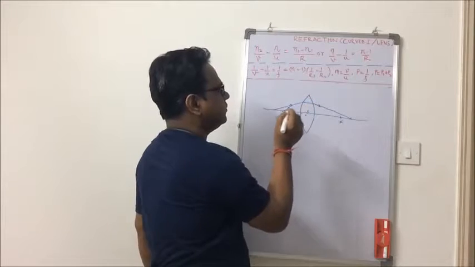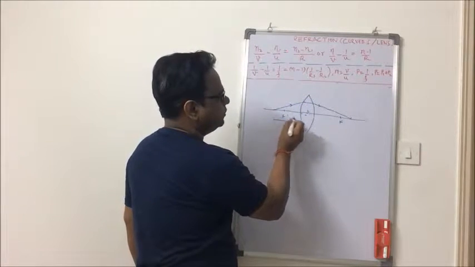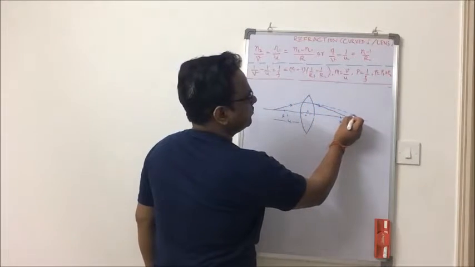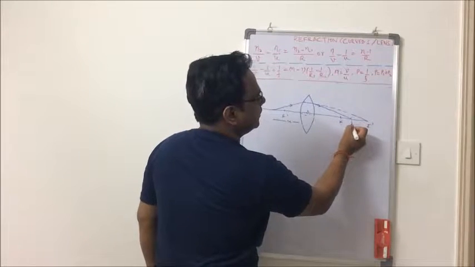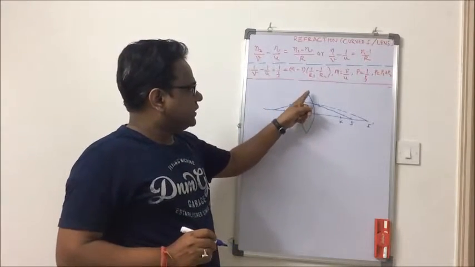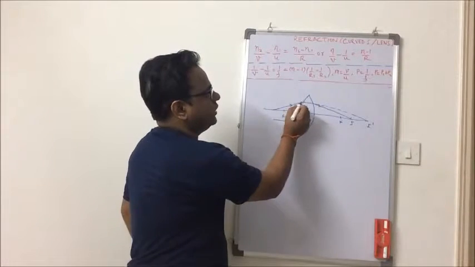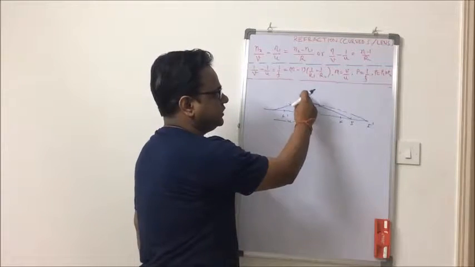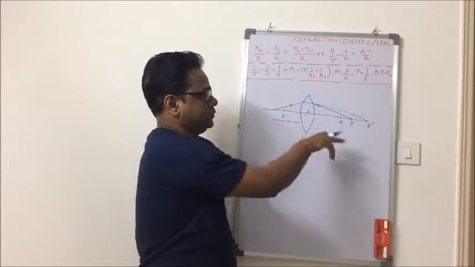This is your C, this is your U. So if you extend this first line, maybe this is your I dash. So just to explain, there will be a refraction at the first curved surface, which is a convex surface, and that ray will be going like this, and then there would be a second refraction which will further bend that ray down towards the principal axis.